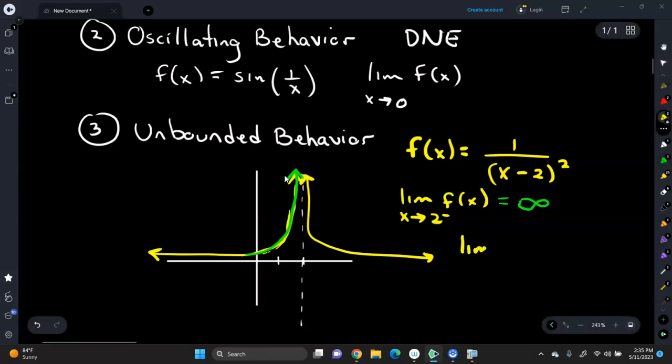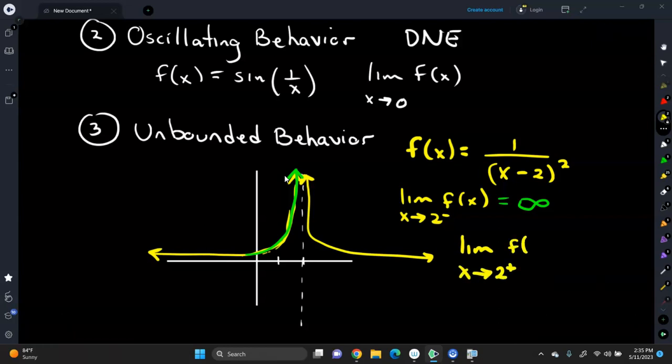And as I approach 2 from the right, y is also approaching infinity. So in this case, the limit from the left is actually equal to the limit from the right, okay?